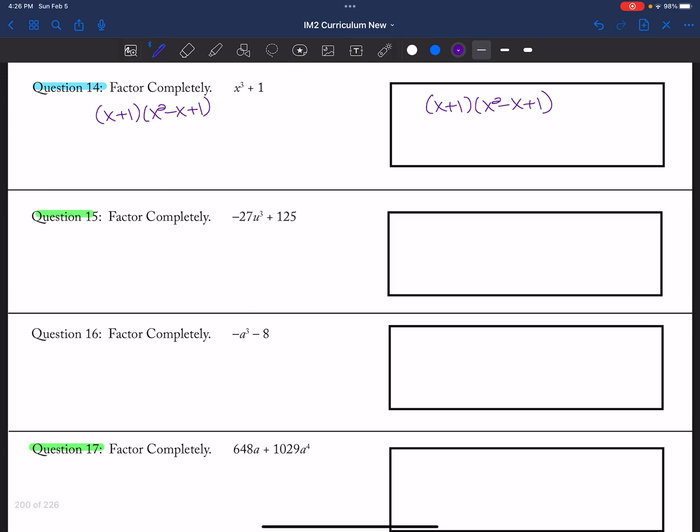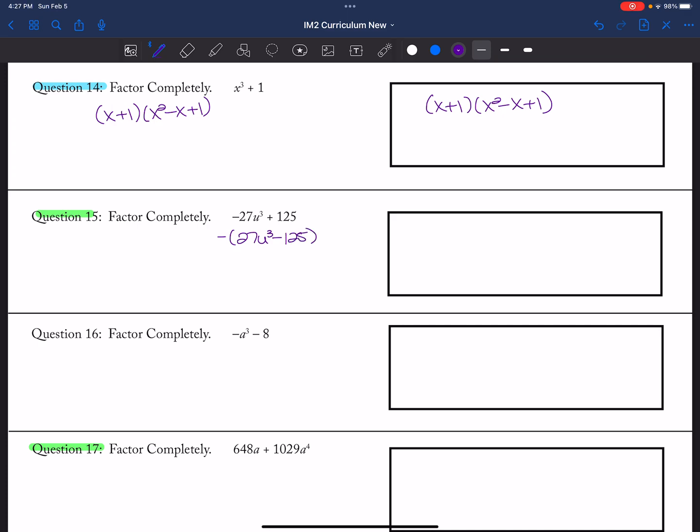Okay, so now let's factor out a negative. So that's 27u cubed minus 125.